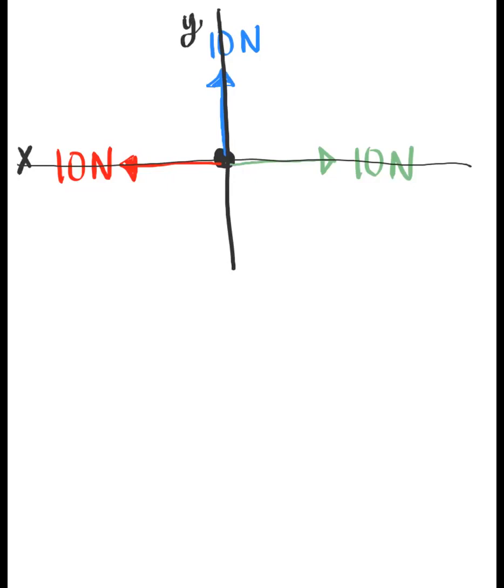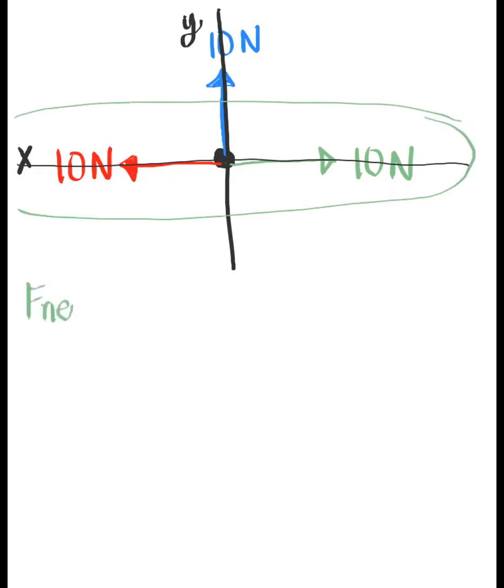So let's deal with the X part first, okay? So what is the net force along the X axis right here? So now we have right here, okay, positive 10, right? So 10 newtons, this is right here.